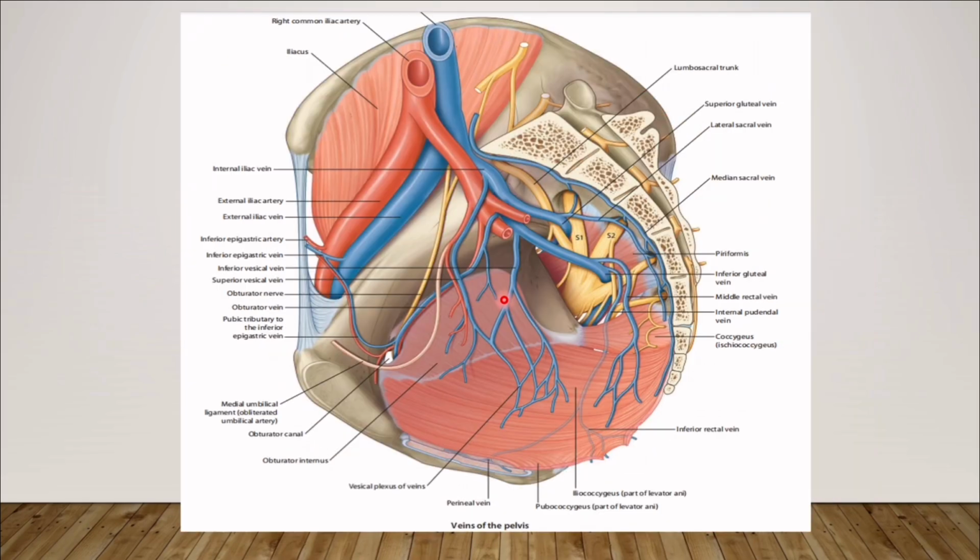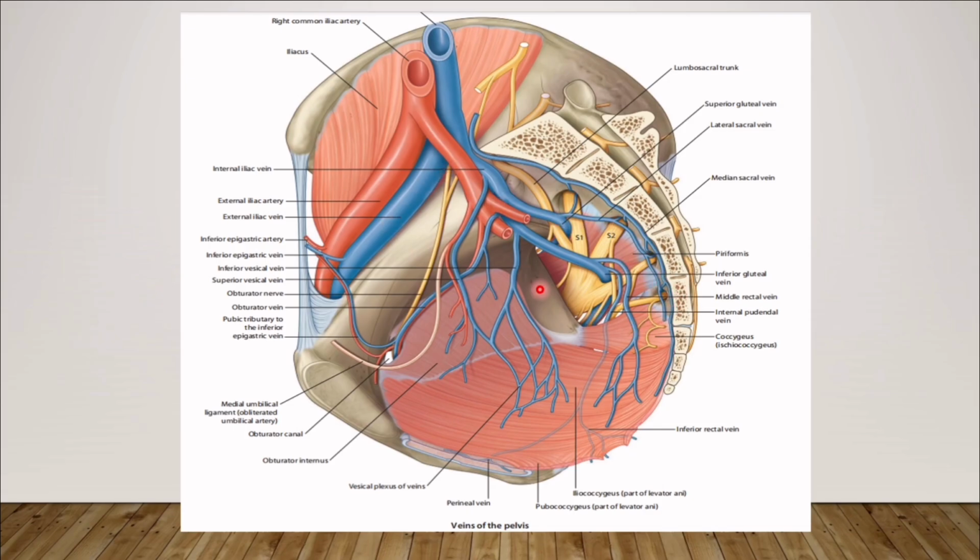All right. So that was the arterial supply. Now we go to the venous drainage. The veins follow the arteries. The veins are going back to the heart. So the external iliac vein, this one, you see.